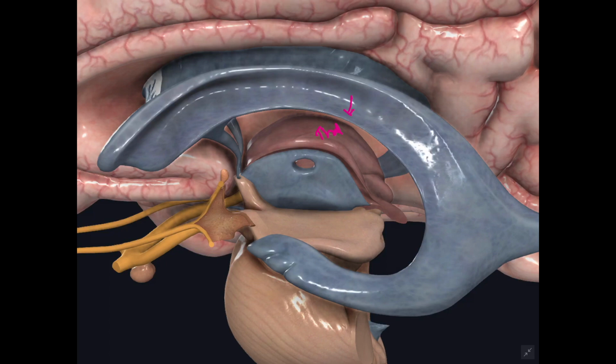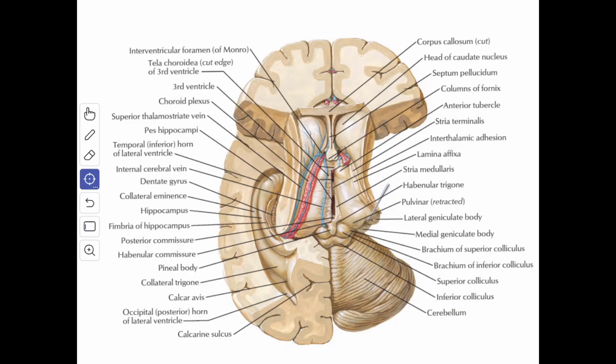Functionally, the thalamus is generally considered the great sensory gateway to the cerebral cortex. It receives impulses from the opposite half of the body and transmits most of them to the sensory area of the cerebral cortex, Brodmann areas 3, 2, 1. This is a diagrammatic representation.